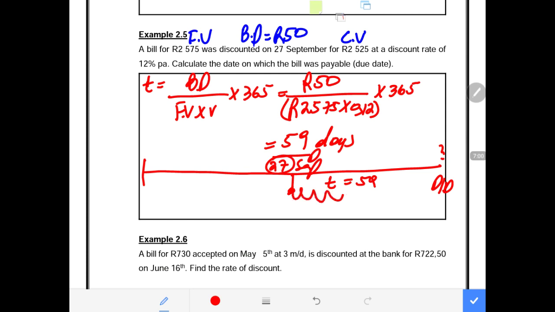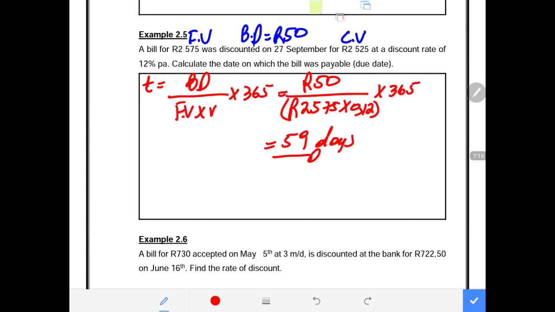The 59th day will be the due date of the bill, because T is from the discount date up until the due date of the bill. So now this is what we will be doing, calculating all these 59 days. We're calculating the due date, which is 59 days from the discount date of the bill, which is the 27th of September.